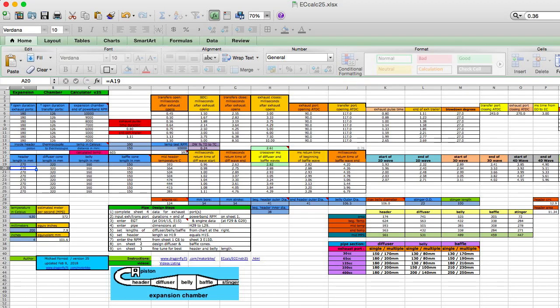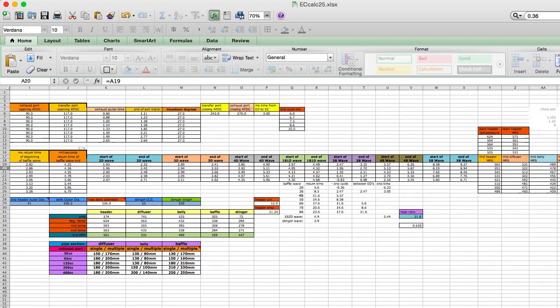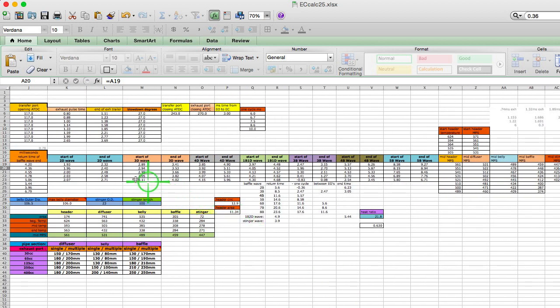Let me show you on EC-Calc. These are the 7 waves: 2D, 3D, 4D, 1 baffle, 1 diffuser, 3rd baffle wave, 4th baffle wave, 5th baffle wave.